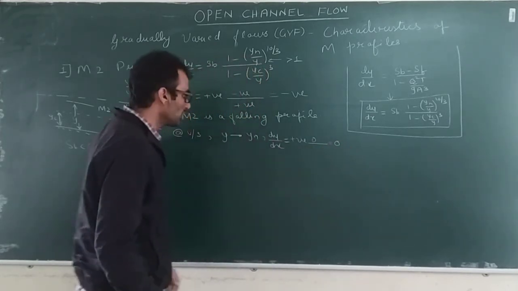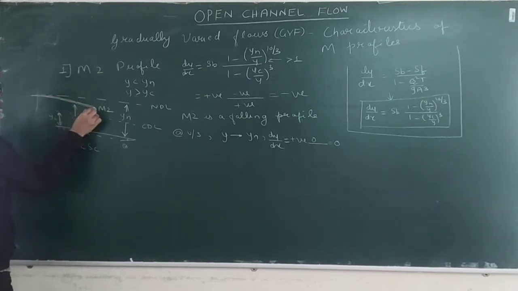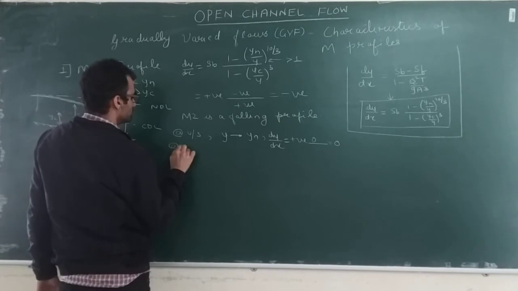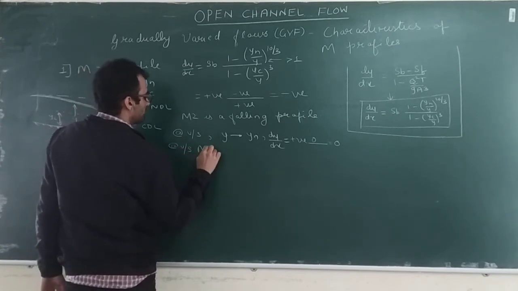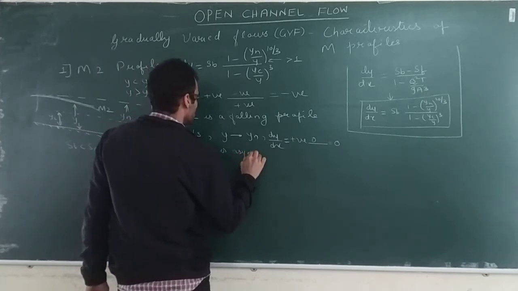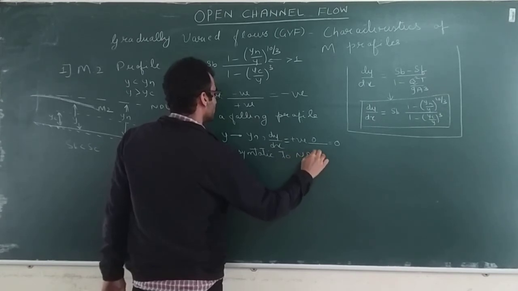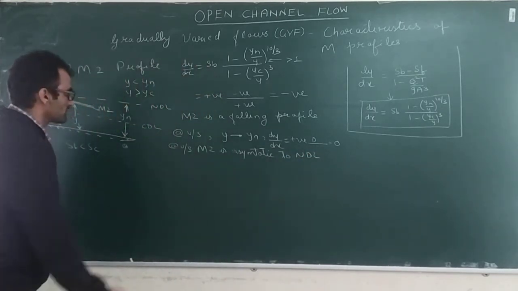Okay, so 0 means we have seen that this flow profile is asymptotic to the normal depth line. So it will be something like this. So at the upstream, M2 is asymptotic to normal depth line.